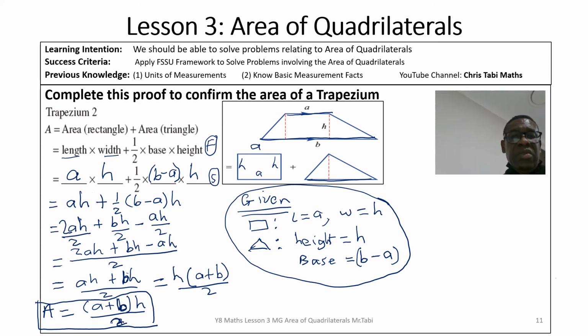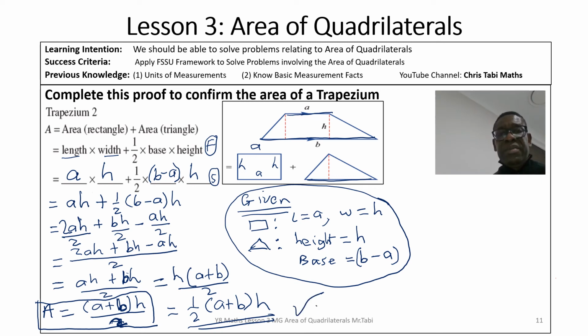If you don't want to write it as AH divided by 2, you can also write this as half A plus B multiplied by H. That's the same thing, because remember, when you divide by 2, it's the same as multiplying by half. Okay. That was pretty straightforward.